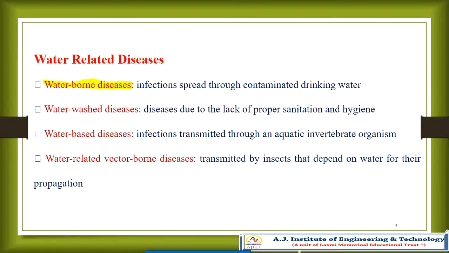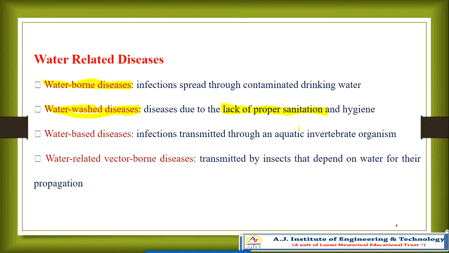Water washed diseases mean what then? Water washed diseases are the diseases due to lack of proper sanitation and hygiene. See, waterborne diseases are the infections spread through contaminated drinking water.